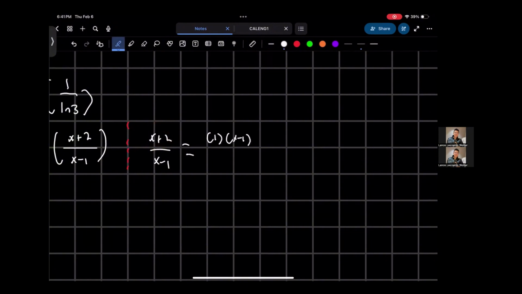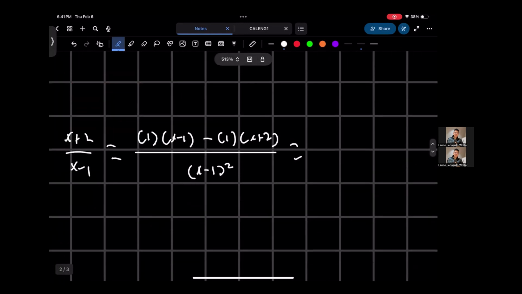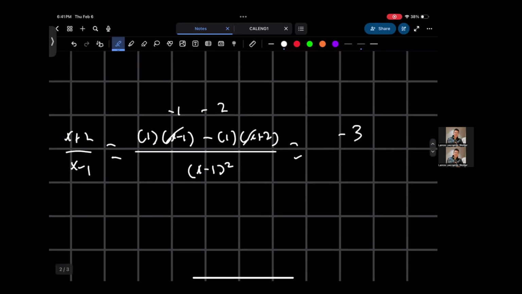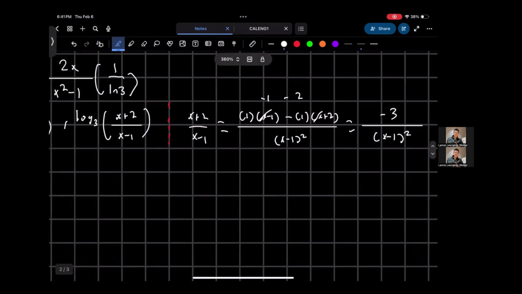Then you multiply by your denominator, minus the derivative of your denominator, which is 1, and then you copy your numerator, and then this one all over x minus 1 squared. Then this, if you copy all of it, your x will cancel, and then you have a minus 1 here, and then you'll have minus 2 here, and that will just be -3. So sorry for being quick, but there we go. So we have -3 all over x minus 1 quantity squared.